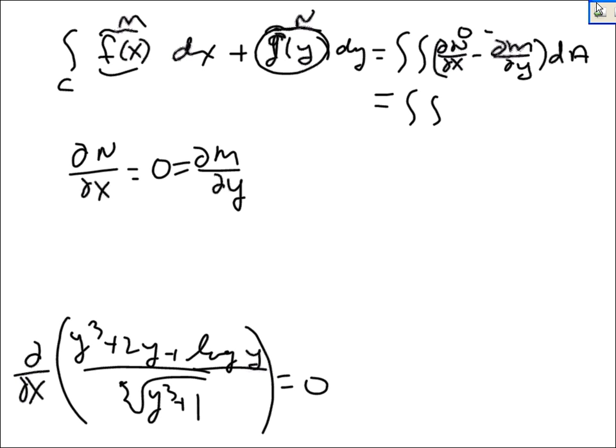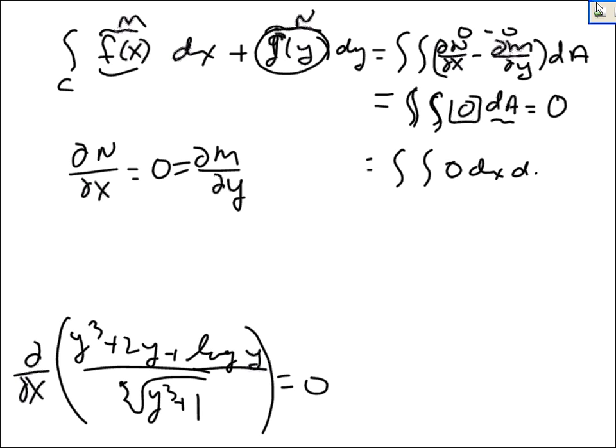But 0 take away 0 is 0. The double integral of 0 over any area is 0. I mean, you can work this out as the double integral of 0 dx dy.